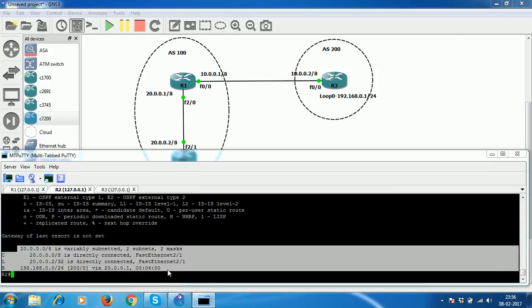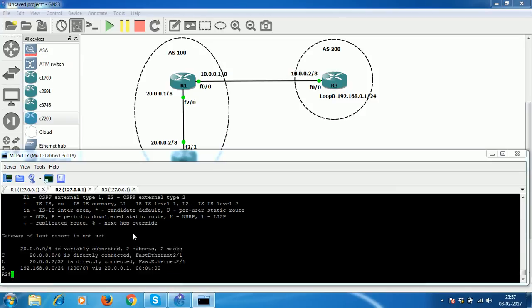When you are trying to ping from R3 to R2's interface IP address, it needs to cross this 10 network, but R2 does not know about any 10 network, so it will directly discard the packet it is getting.